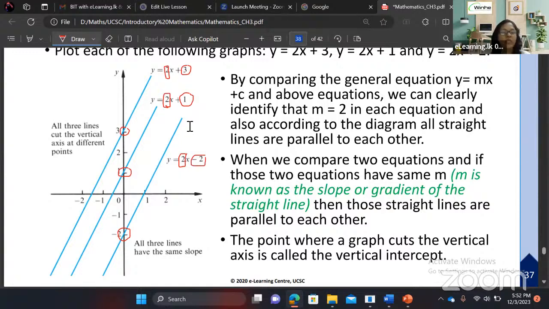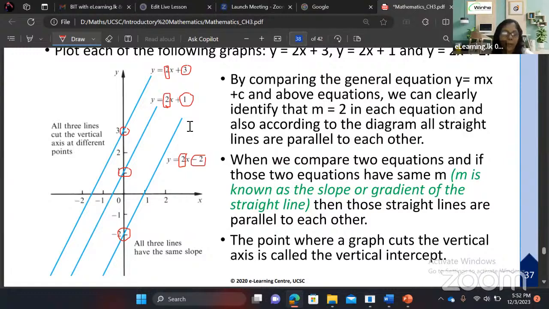If the slope of the equations are the same, also the slope of the graphs are the same, that means those graphs are parallel to each other, right? We say the lines or graphs are parallel if the slope, or we can say gradient, of the straight lines are equal.